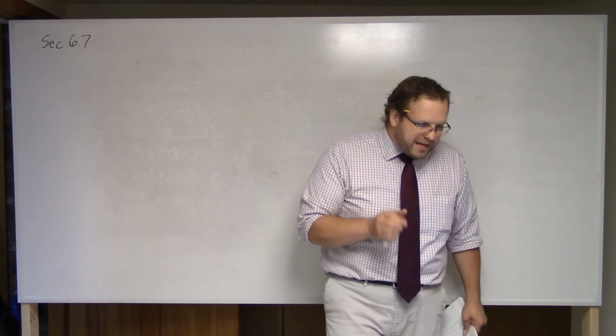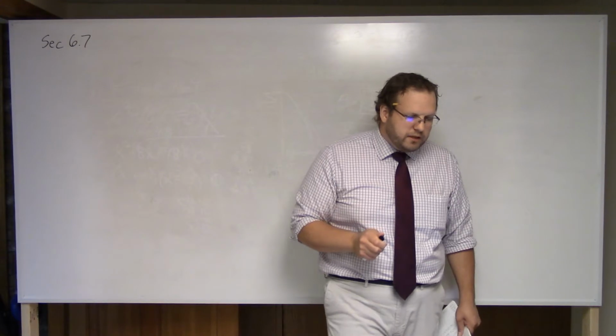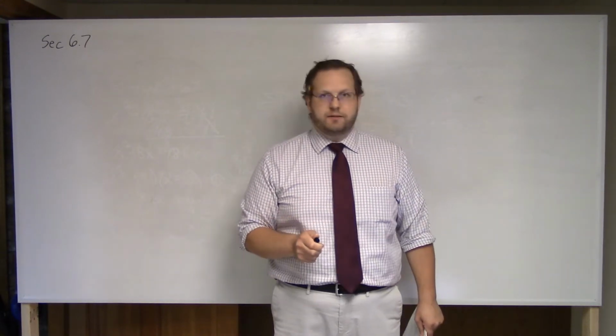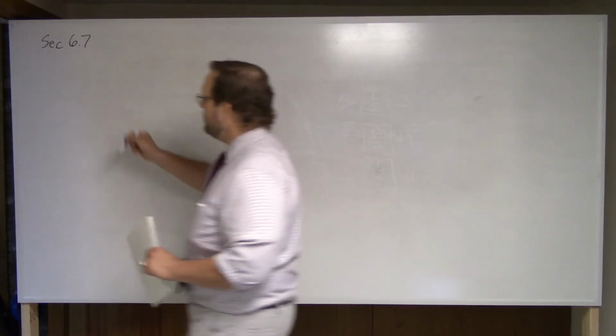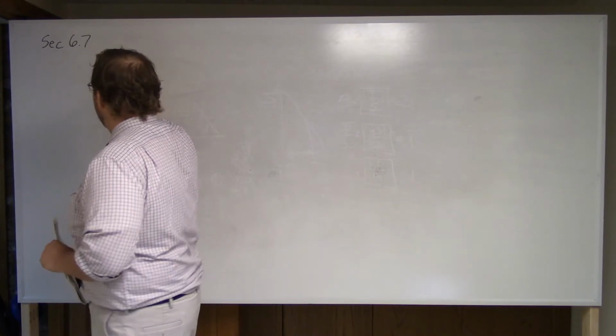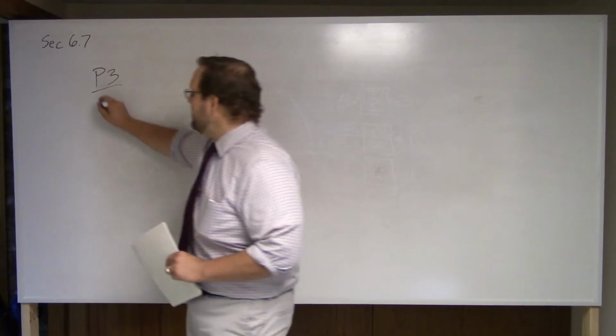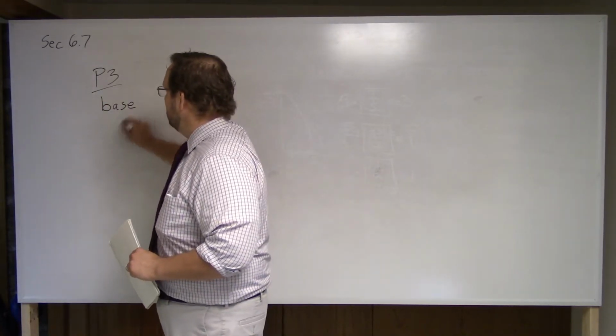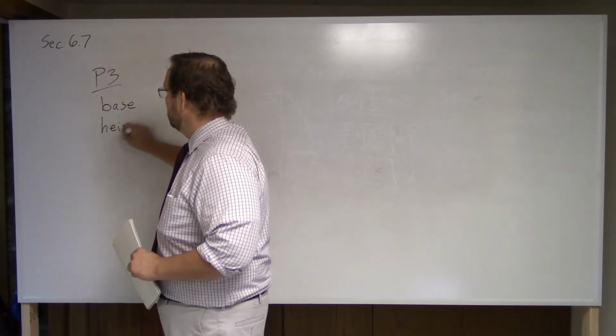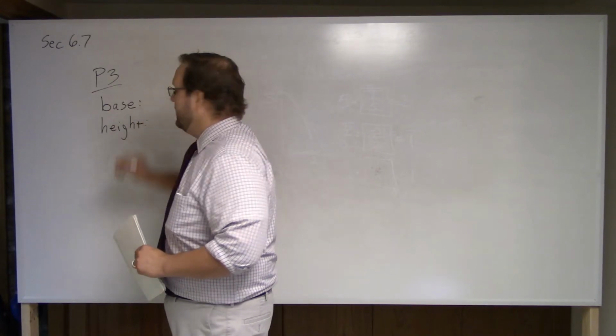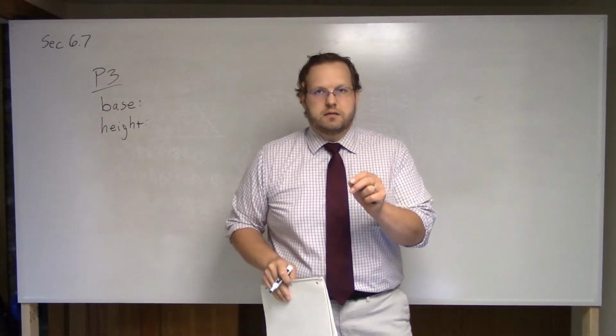Then it says, the base of their prize-winning entry was 1 foot less than 3 times the height. Okay, so now, we're in practice 3. What 2 things did they talk about there? They talked about a base, and they talked about a height. Okay, now here's the key to this.